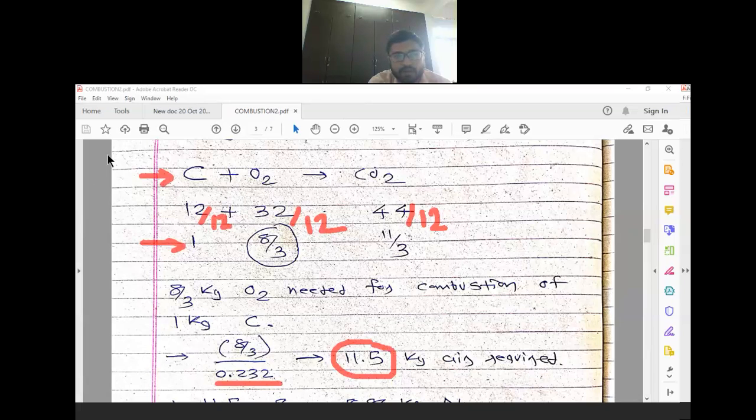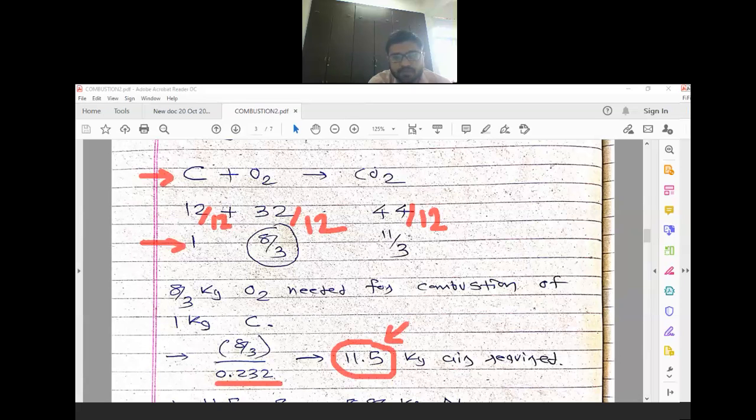Now we will write down the final formula. And how do we find out the nitrogen requirement? This is the quantity of air, this is the quantity of oxygen. If we subtract oxygen from the air, that will be our nitrogen.